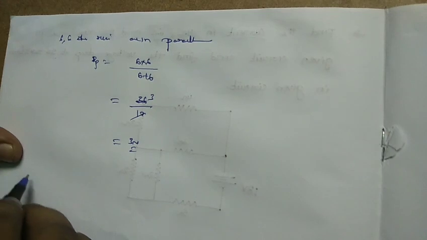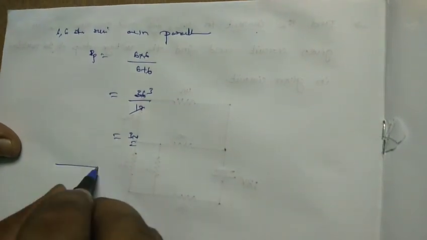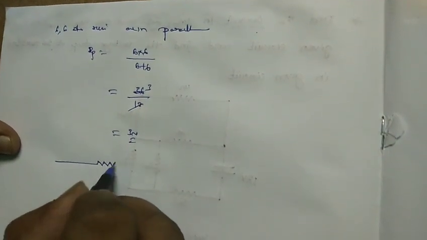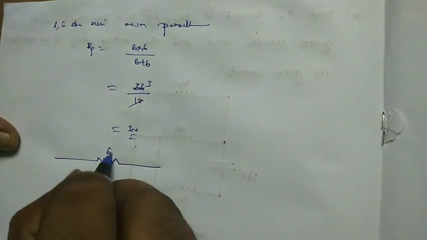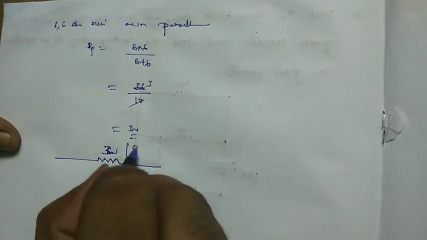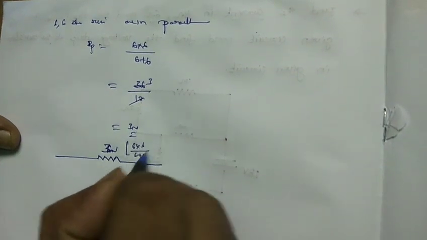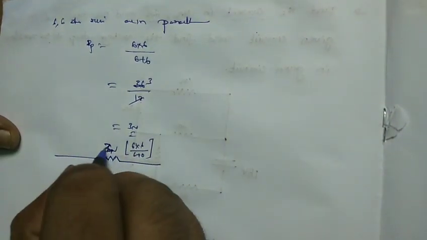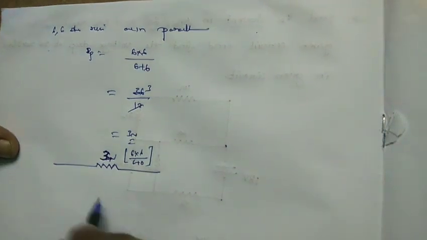How much? 3 ohms. Let us find here. The circuit diagram becomes 3 ohms, 6 into 6 by 6 plus 6, like that. So 3 ohms here, not 6 ohms, 3 ohms.